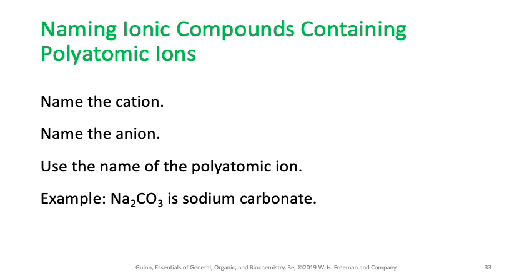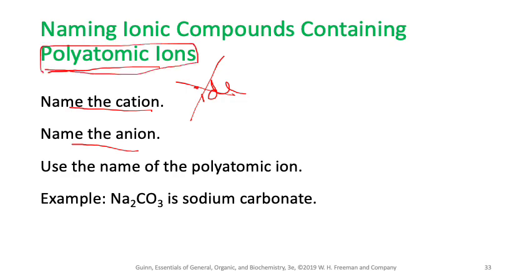So let's try to name ionic compounds that contain a polyatomic ion. You always write the name of the cation and the name of the anion. You don't write -ide like you usually do for a normal monoatomic ionic compound. Your name should not end with -ide. You just write the name of the polyatomic ion, because a polyatomic ion can be positive or negative.